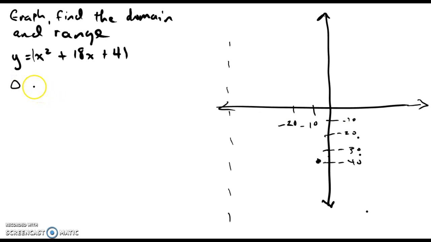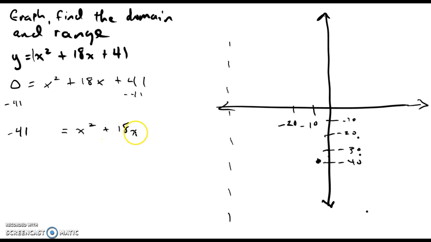To complete the square, you want to get the constant on the opposite side, plus 18x plus 41. And we're going to do that by subtracting 41. So negative 41 is equal to x squared plus 18x.